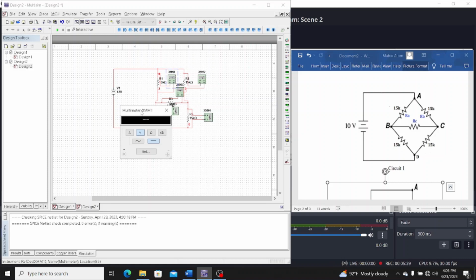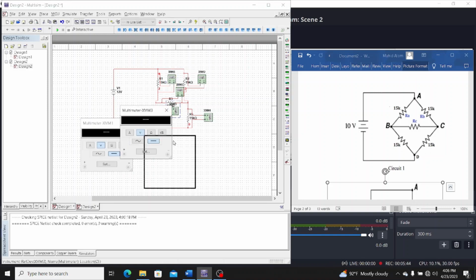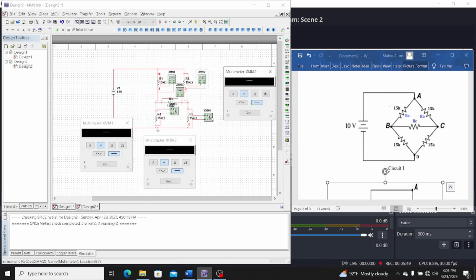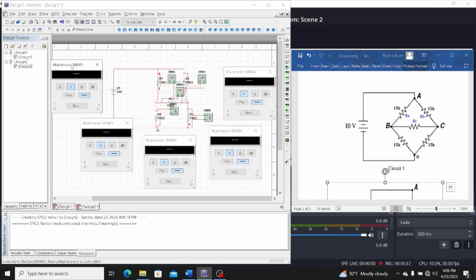And we're done. Now I am going to run this circuit, and here this is the final output. And now this is 0 volt because of Wheatstone.